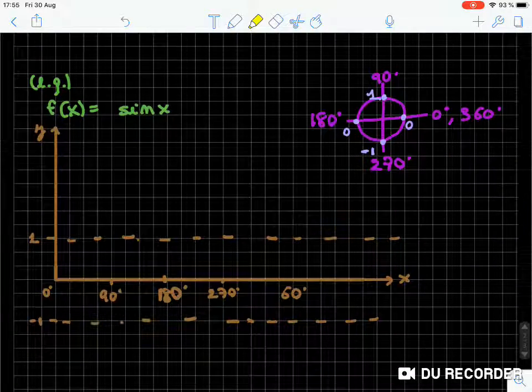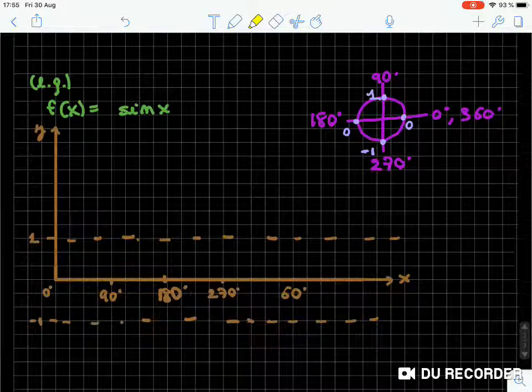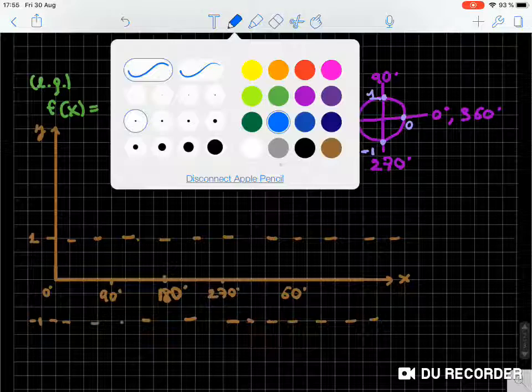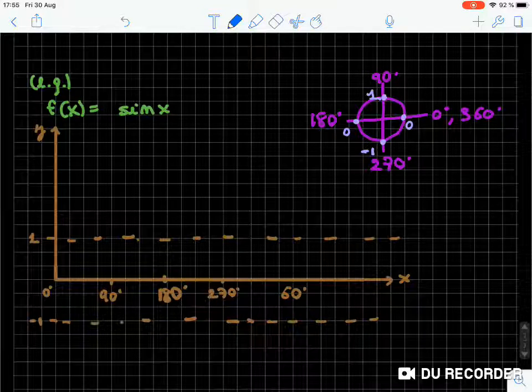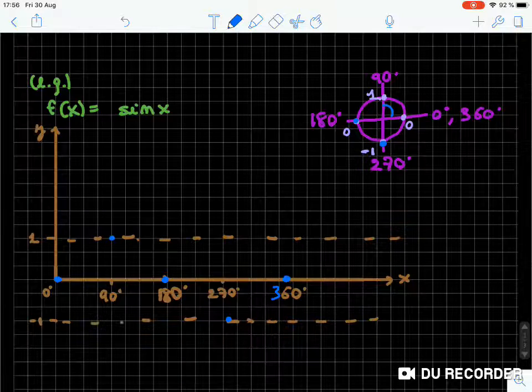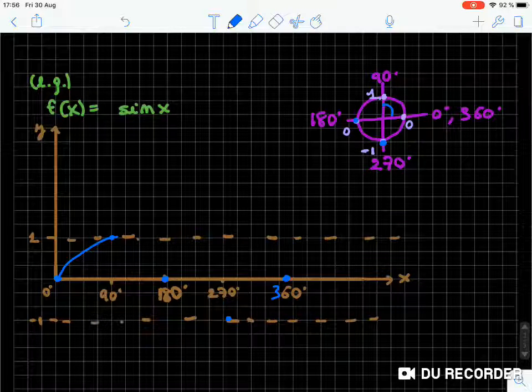Okay, so for example, if we have the function sine x, I'm not sure if you've come across this graph or not, but basically if you draw a sine diagram, at 0 degrees it's at 0, and then at 90 degrees it's at 1, and 180 degrees it's at 0 again, and at 270 degrees it's at minus 1, 360 it's going to be at 0 again, and it just repeats itself every 360 degrees.